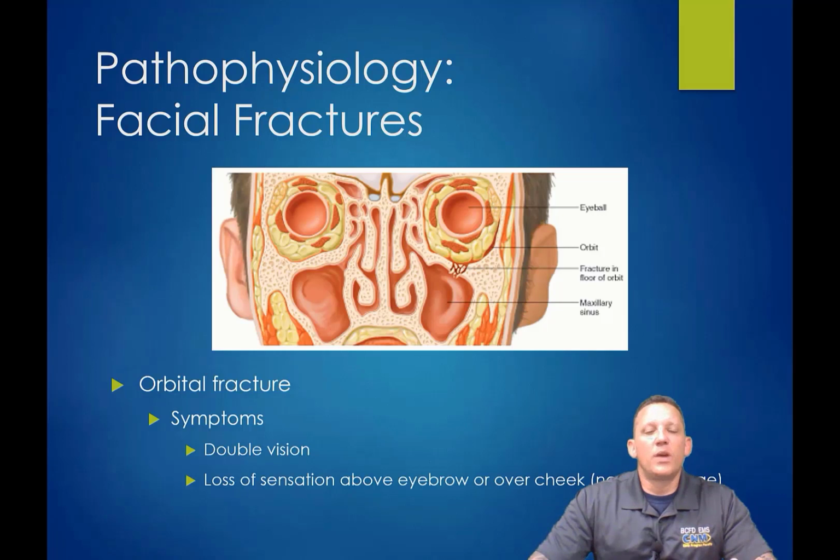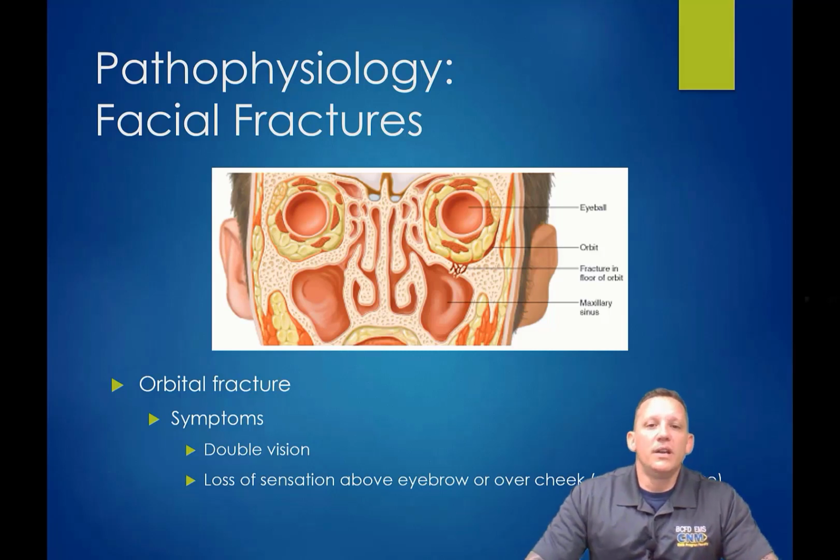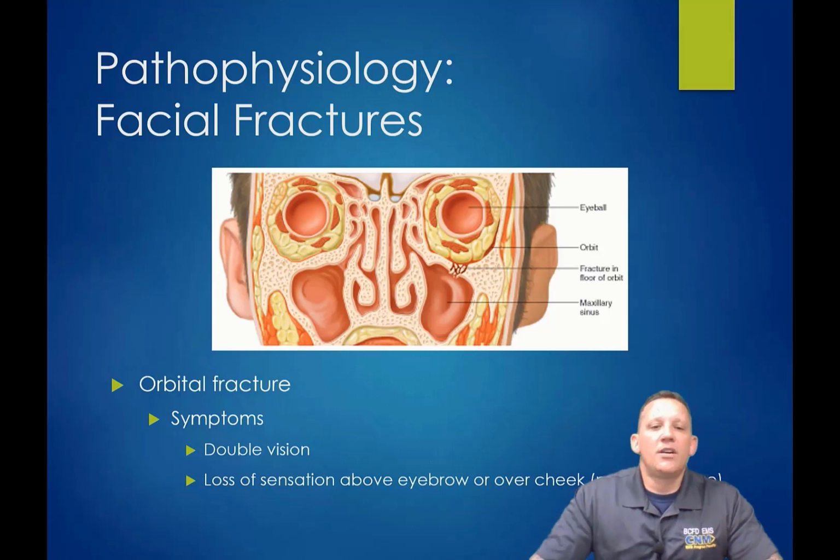So this is a cutaway portion of where the orbits are going to be, where the eyes are, and then the actual cranial structure between the sinus cavity and the lower part of the orbit. These can cause a couple of different symptoms, one of them being double vision, and this is because of the pressure or the swelling pushing up against the eye or changing the actual curvature of the globe, which would cause the visual image to not actually converge on the retina in the right place.